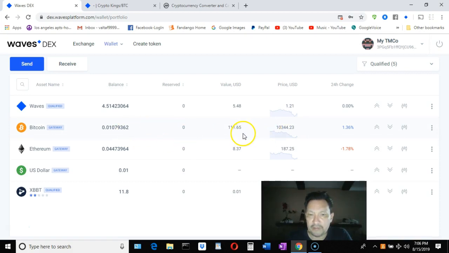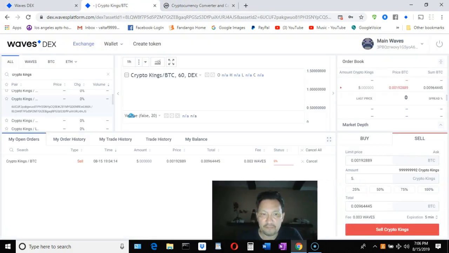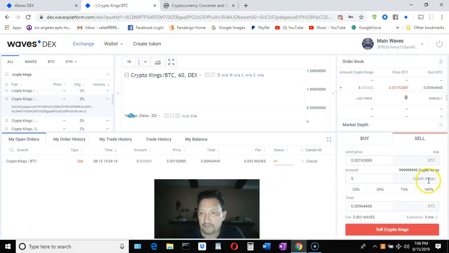So I will buy approximately 5 movie coins, and I'll show you how we're going to do this. So I have a sell order here. There's a sell order. See, it's red. There's buy. It changes to blue.